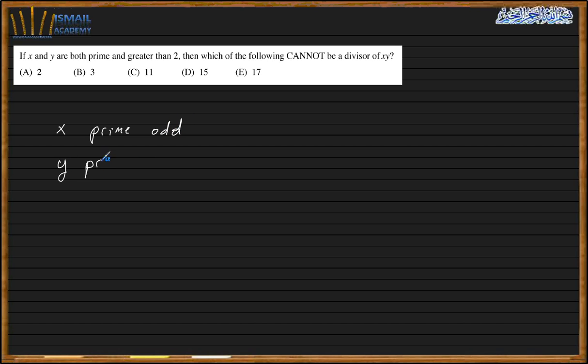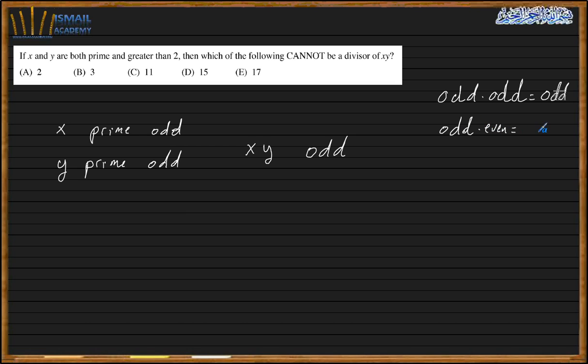y is prime and odd. So we know that the product of two odd numbers is odd. So odd times odd is odd, odd times even is even, and of course even times even is even.